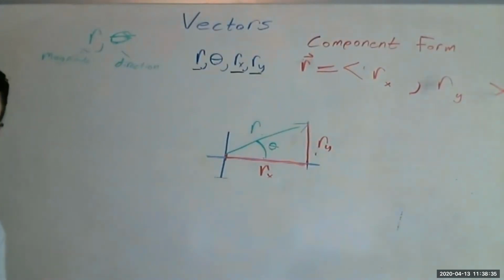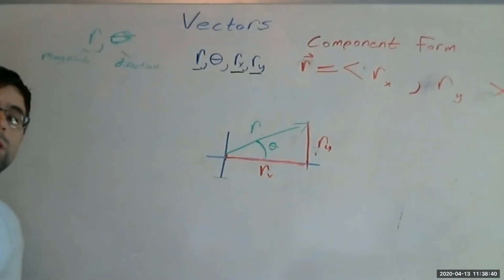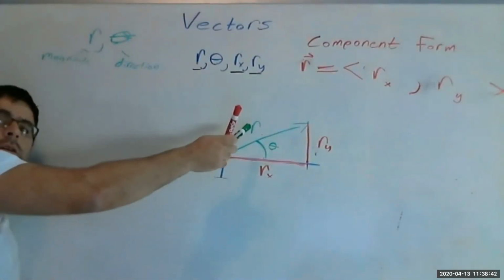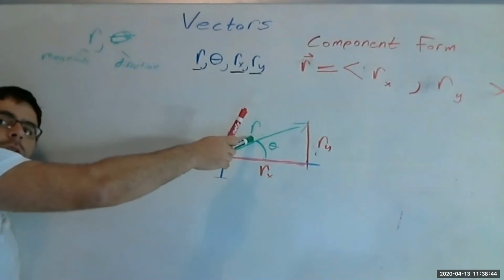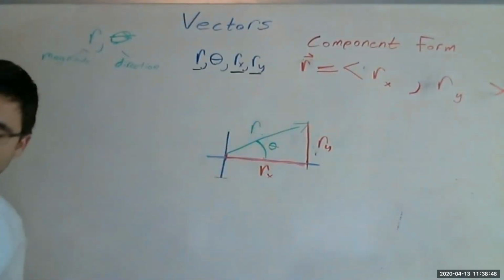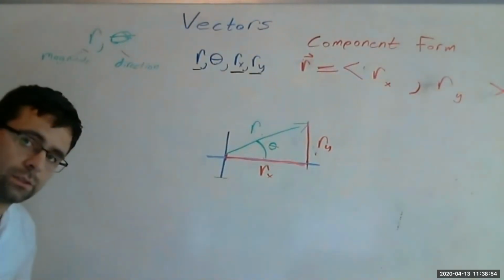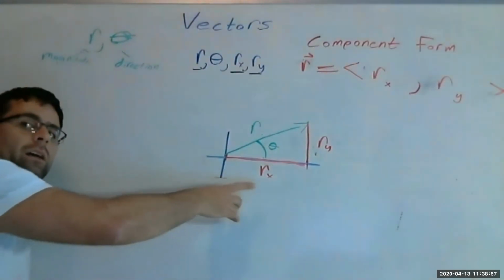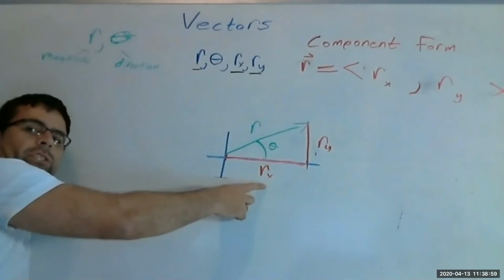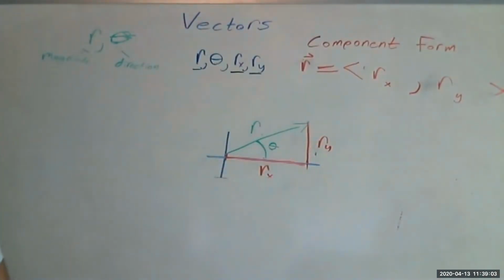We said there's two ways of defining that thing. You can either talk about its length, which is R, and its angle, theta, or you can talk about it in terms of its components, which is how far it is in the x direction, Rx, and how far it is in the y direction, Ry.